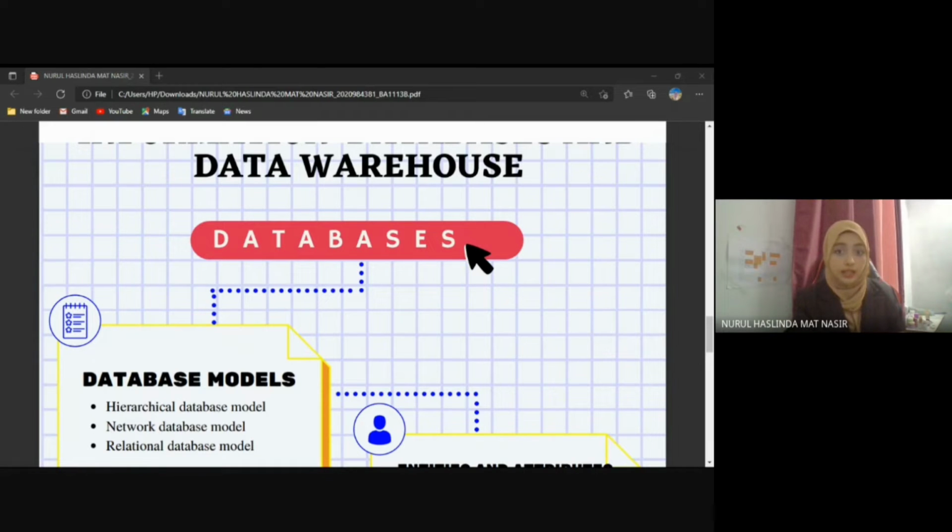In addition, database models include, first, the hierarchical database model, in which information is organized into a tree-like structure using parent or child relationships in such a way that it cannot have too many relationships. Second, the network database model, which is a flexible way of representing objects and their relationships. And the last one is the relational database model, which stores information in the form of logically related two-dimensional tables.